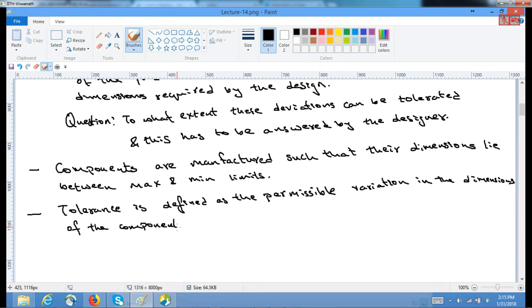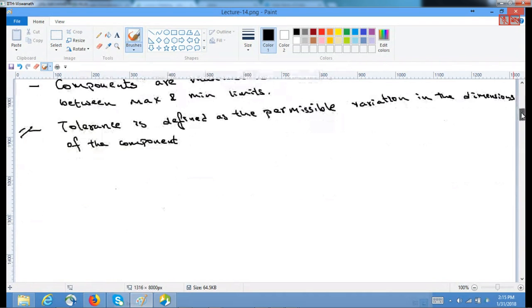But in order to quantify it and mention it in a proper manner, we will try to study some definitions looking at the deviations that can be observed in an assembly between a hole and a shaft. Okay, so let me just pull up a picture.